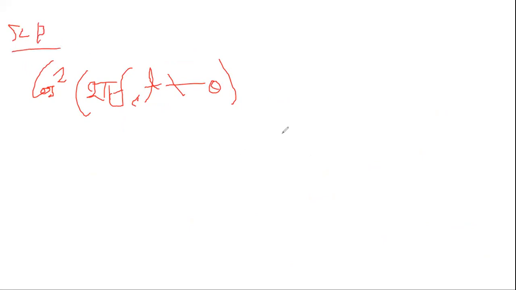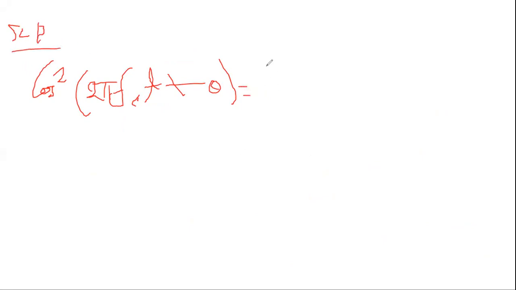Cos square 2 pi fct plus theta, you got that from the output of a square law device.